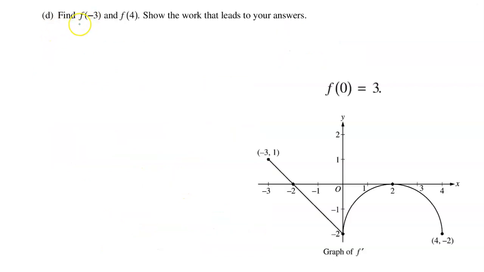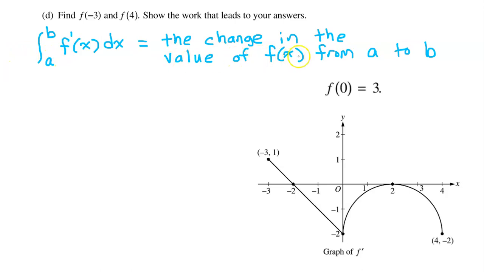Part D. Find f at -3 and f at 4. Show the work that leads to your answers. Here's something that I need you to burn into your brain. There is a reason why they call this the first fundamental theorem of calculus. The integral of f prime from a to b is equal to the change in the value of f from a to b.